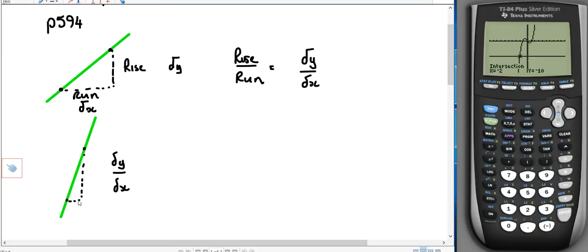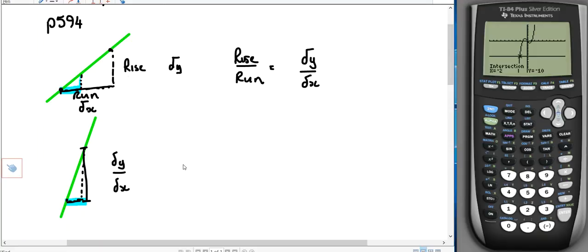But what I'm looking at is the change in y bit. I've got quite a long run there. If I take the same equivalent run and apply it there, what can you say about the change in y for that same run? It's shorter. There's less change, isn't there?